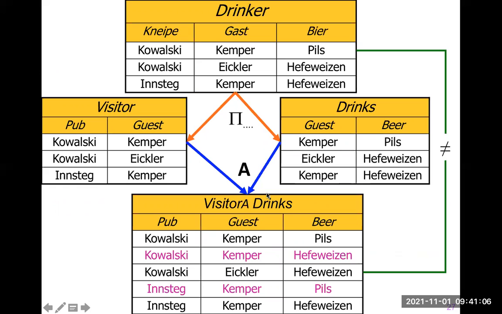So that's one way. And let's remember what happens if our decomposition is not lossless. We decompose one table into two, and then when we join it back, we get multiple new records that the original table doesn't contain. That's a problem, and we don't want such behavior.